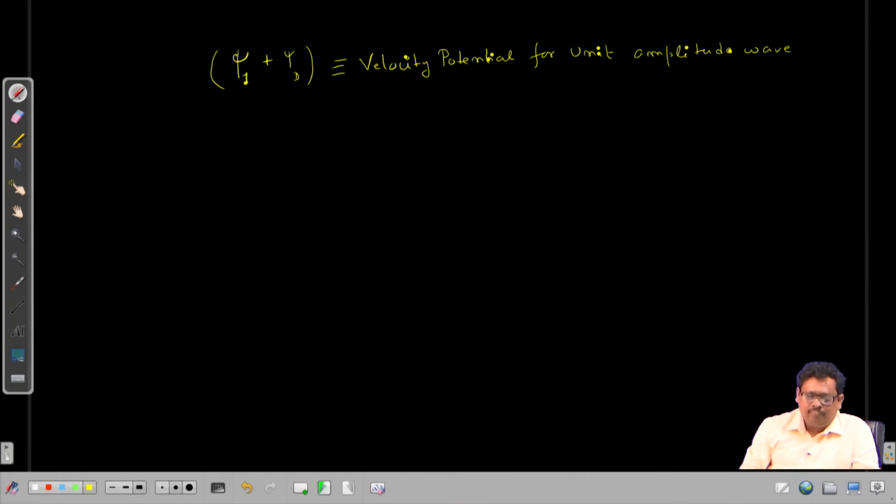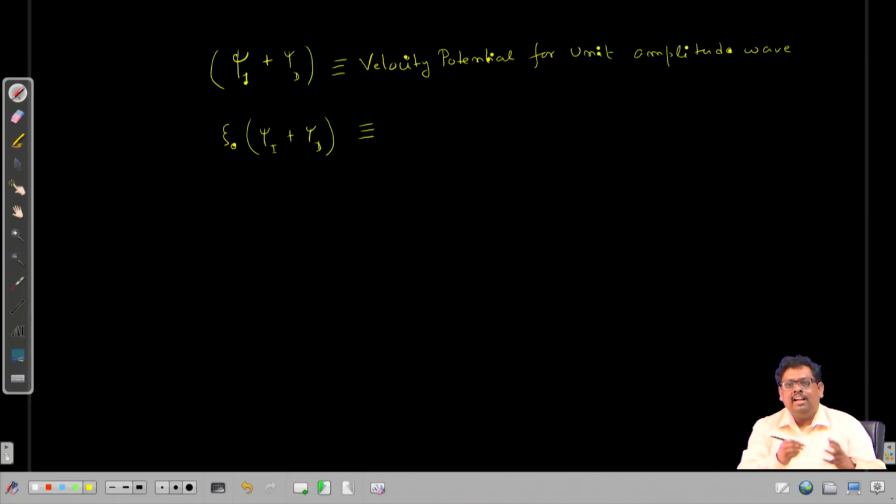So, if you multiply the wave amplitude xi 0, then with this same linearity analogy, I can say that the force I am getting is basically the velocity potential for our problem.